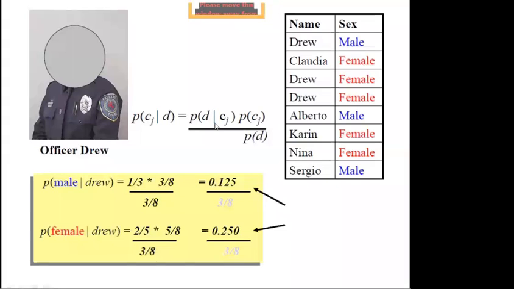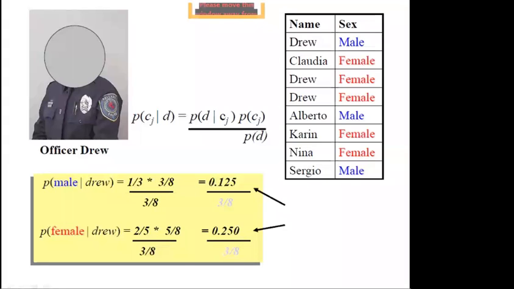Probability of Drew being female: among the cops, 5 female cops are there. Among them, Drew is 2 times. So 2 by 5, star. Among 8 cops, 5 are females. Probability of cops being female, P of Cj, female cops, is 5 by 8. So if you compute it, you'll get 0.250.